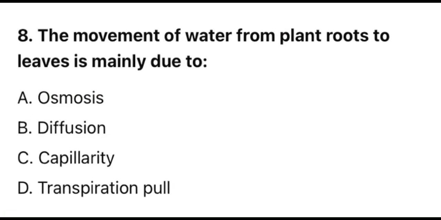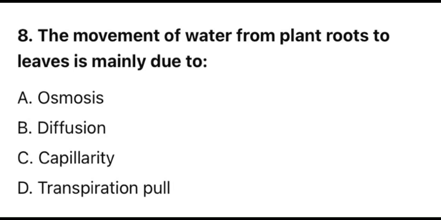Question 8. The movement of water from plant roots to leaves is mainly due to dash. A. Osmosis. B. Diffusion. C. Capillarity. D. Transpiration pull.